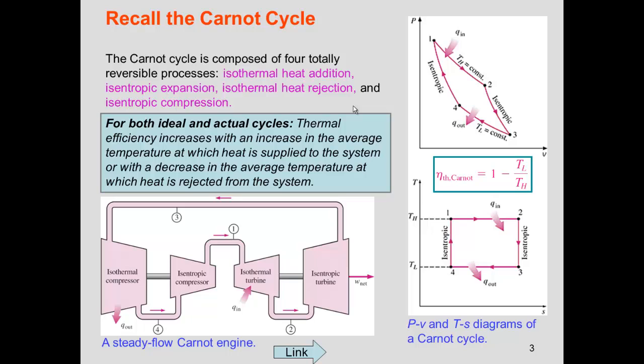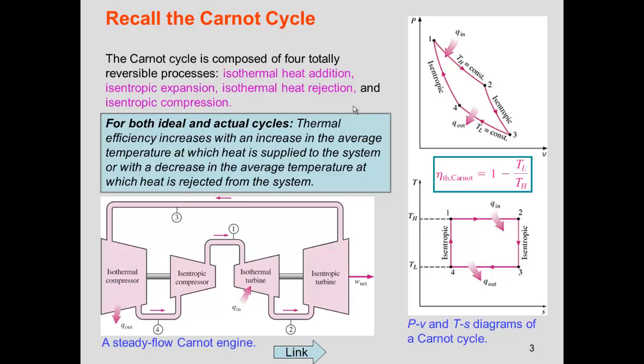If we remember, for a heat engine we need two reservoirs, one cold reservoir and one hot reservoir. From the hot reservoir we receive the energy necessary for this machine to move.